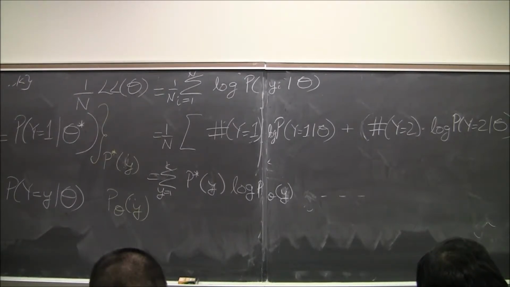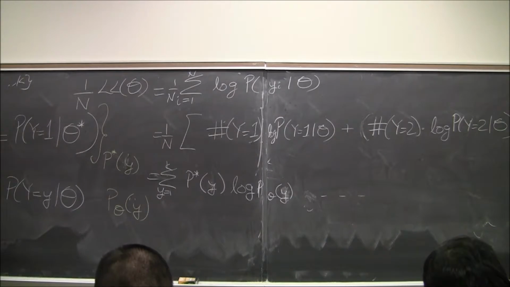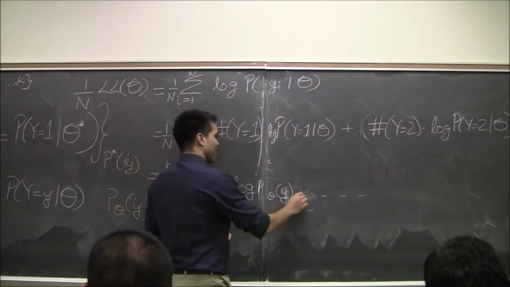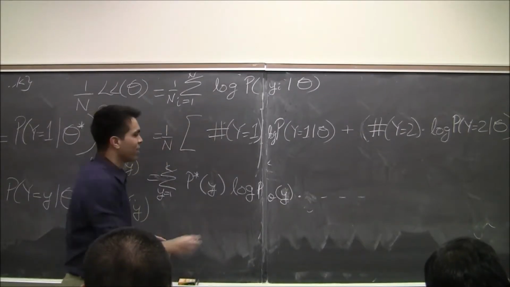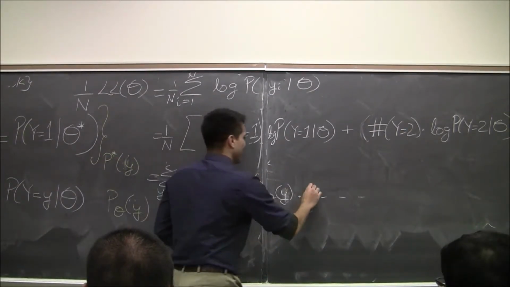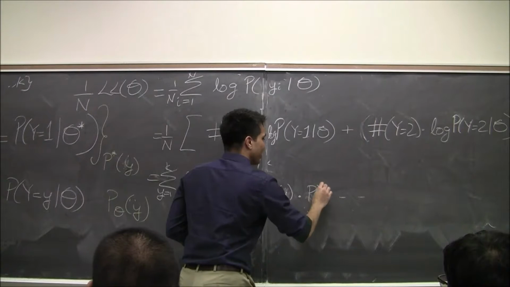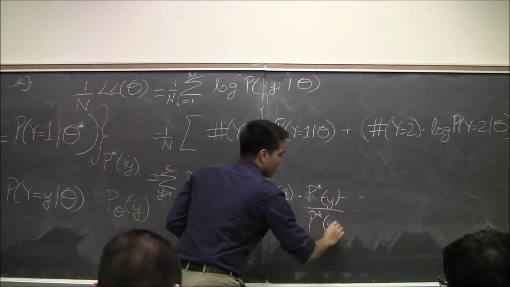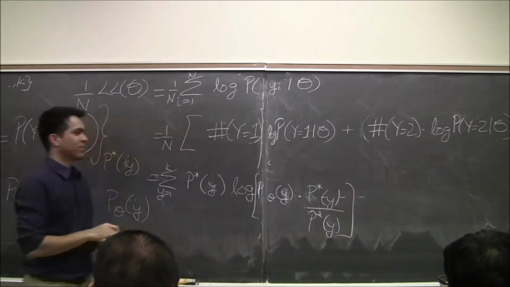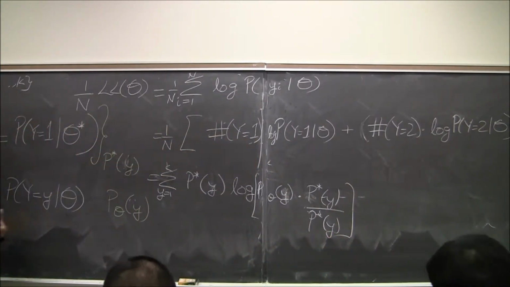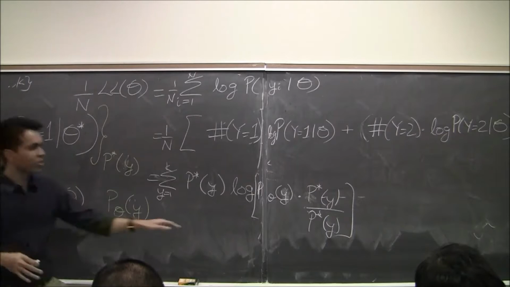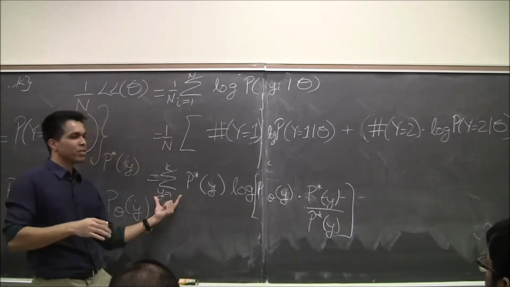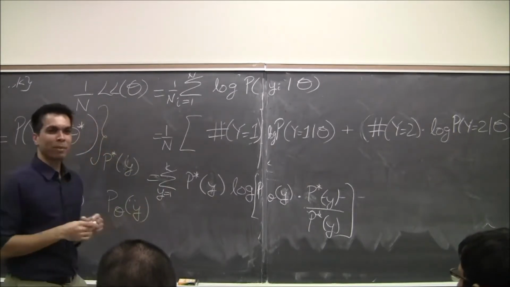All right, we're almost there. Two steps, and why I am doing this should make sense. Magically, I think I should multiply and divide by something. So I will multiply and divide by p theta of y inside the log. I'm assuming boundary conditions that this is not actually 0. If it was 0, then I don't have to consider it in the summation, so it makes life easy.